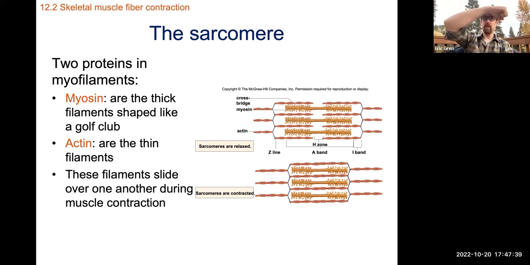So it's first going to attach. Pretend this is actin, pretend this is myosin. Myosin is going to reach out, form a bond to the actin, and then it's going to flex. As it flexes, it's moving that actin along beneath the myosin. So it forms a bridge, and then it flexes and moves the actin beneath it.